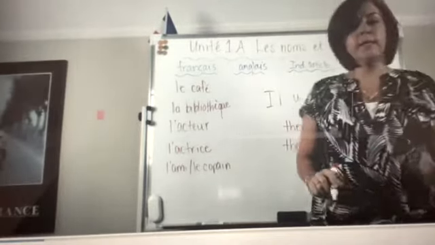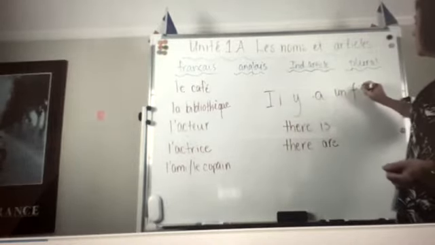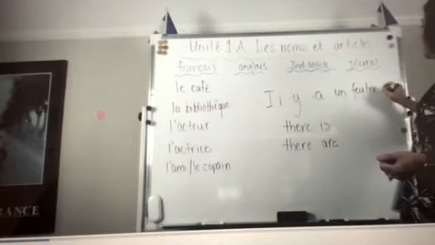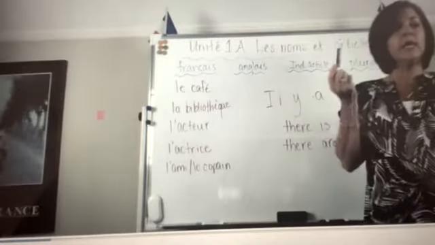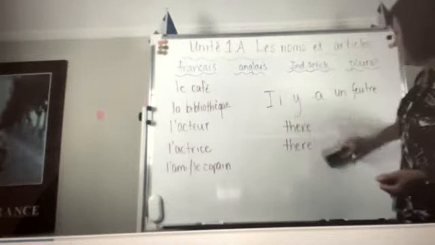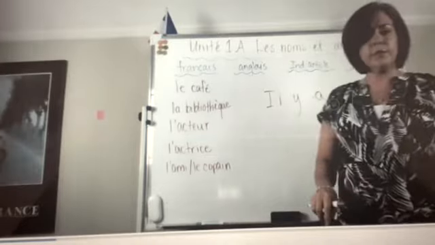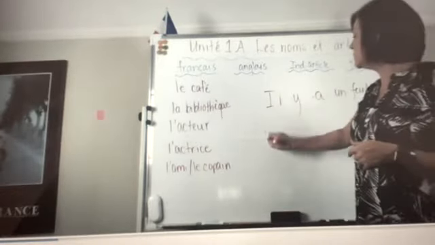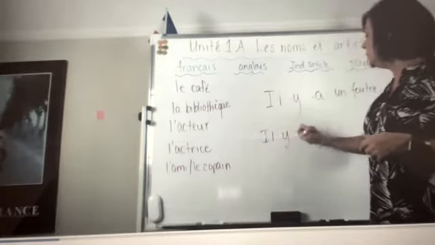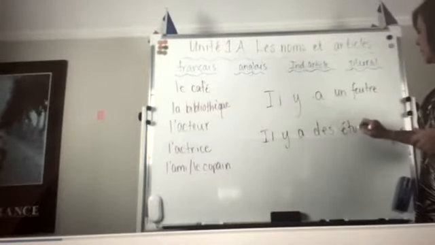So I could say, il y a un feutre. There is a marker. I could be talking about students. We see a group of students. Il y a des étudiants.